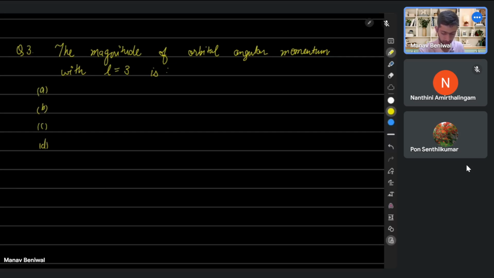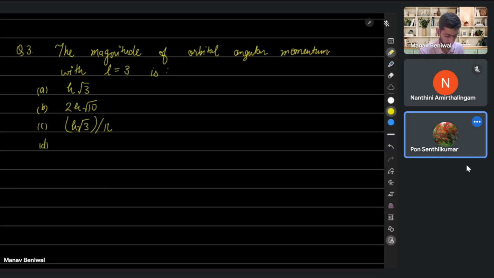These are your options. Do you know, when you are given the quantum number L, how do you write the magnitude of orbital angular momentum?